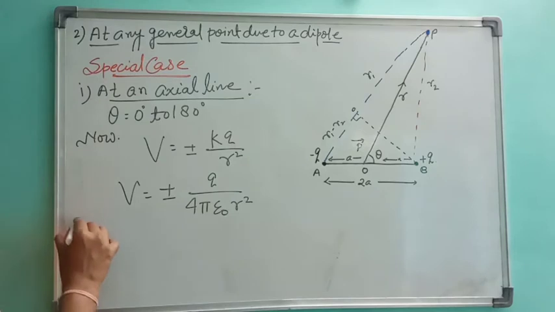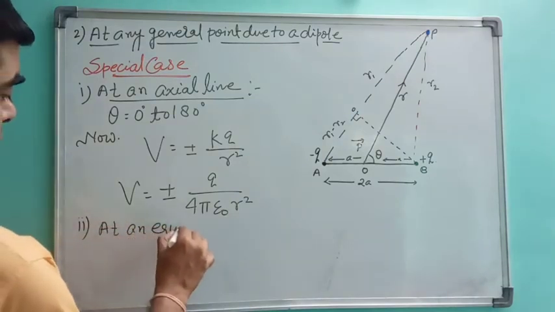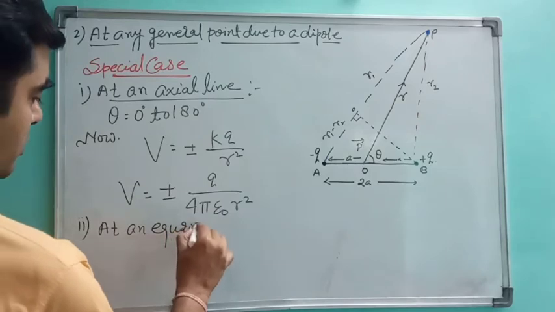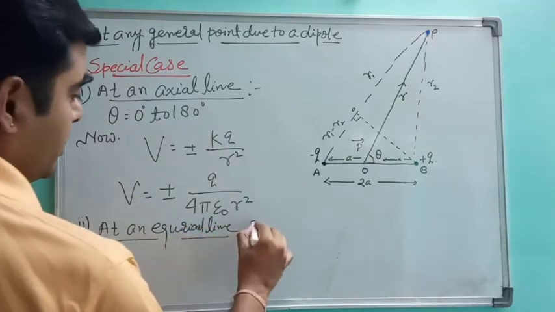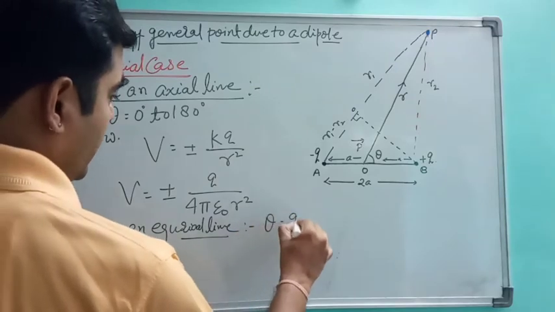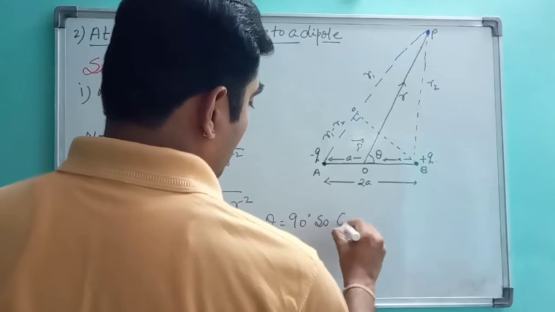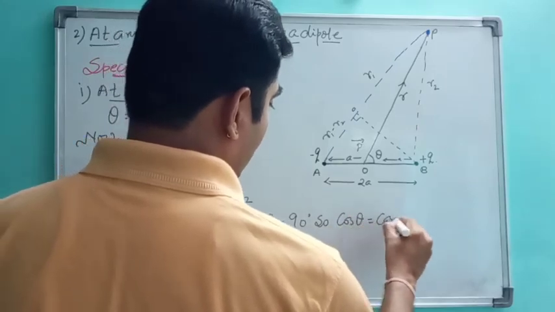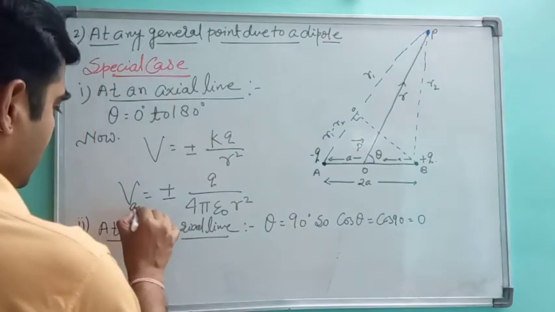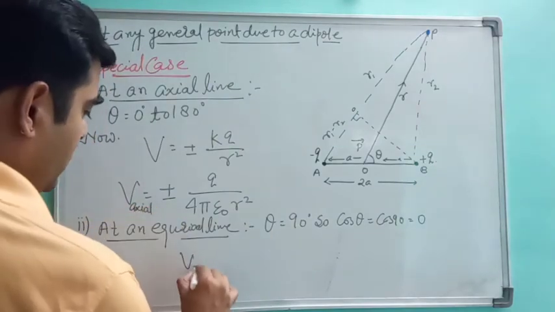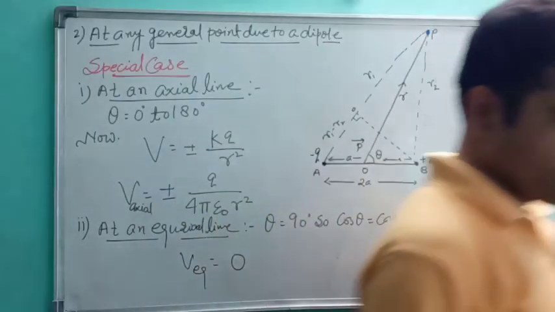And second, on the equatorial line, theta is equal to 90. So cos 90 is equal to 0, so the potential on the equator is considered to be 0.